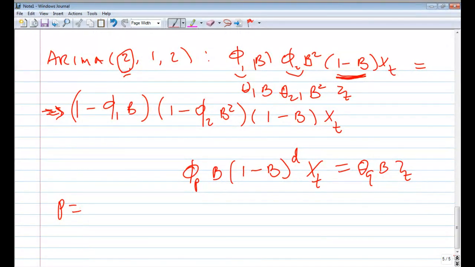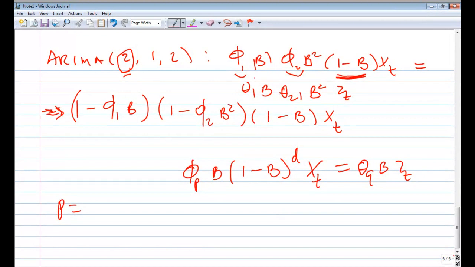You just say the phi of 3, the phi of 2 b, into 1 minus b, exponent 1, then xt. Then when we expand the phi of 3, it will be 1 minus phi 1b minus phi 2b, which is the order of 2. Isn't it done that way? Now I'm confused. It's the way you understand it, but I'm explaining the way it's supposed to be.